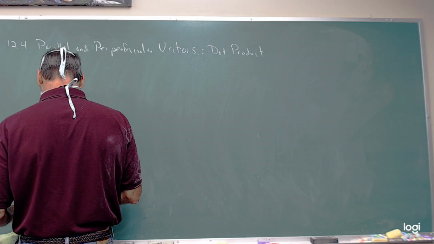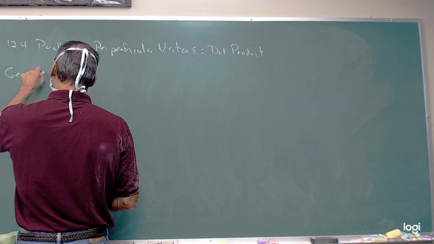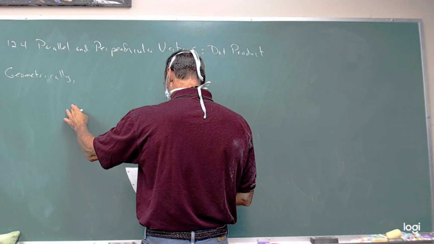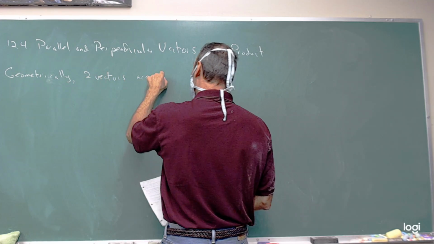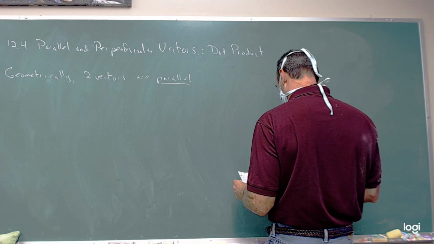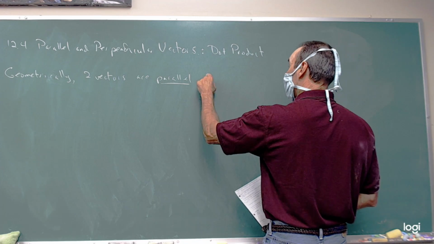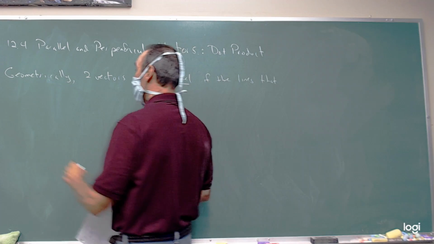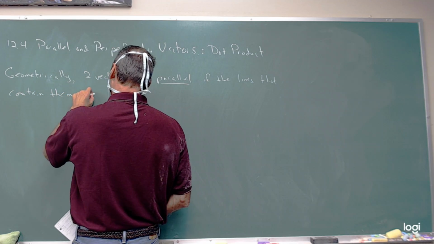So geometrically, two vectors are parallel if the lines that contain them are parallel.